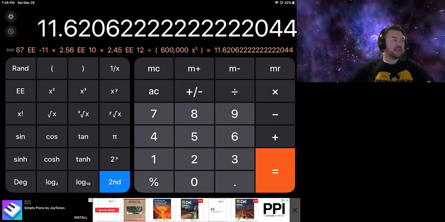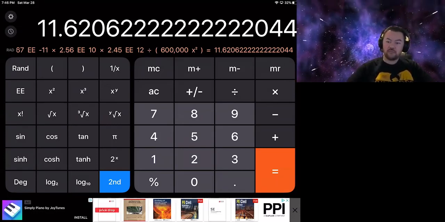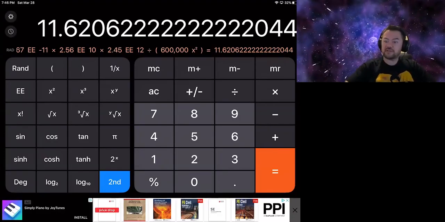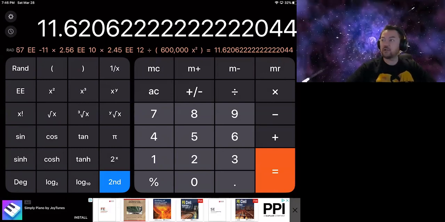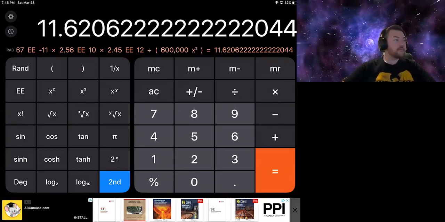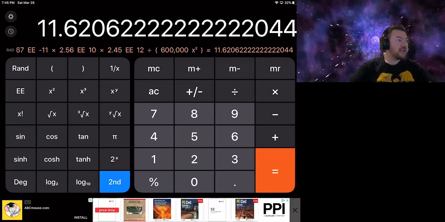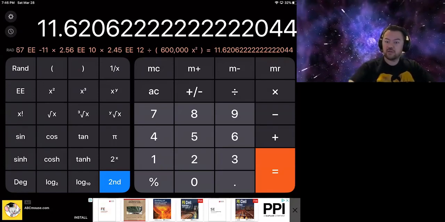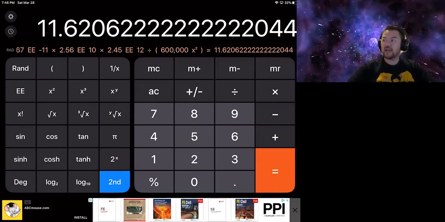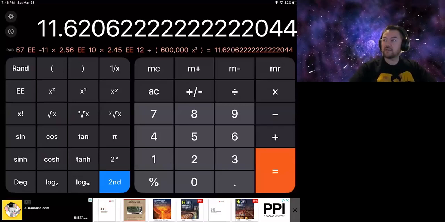Let me make sure. Let me go to my cheat sheet here. My mass was 2.56 times 10 to the 10th, so I need to add 8 zeros. And I should have a mass of 2.45 times 10 to the 12th, and my distance is 600,000 meters.